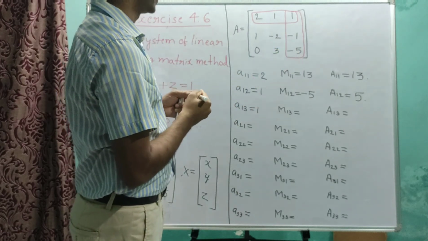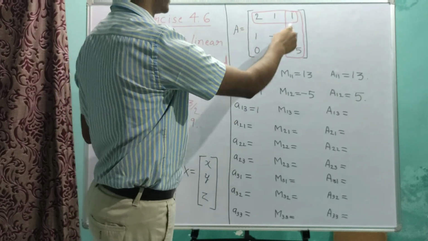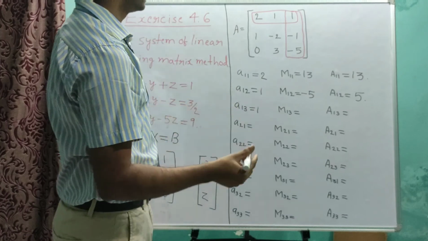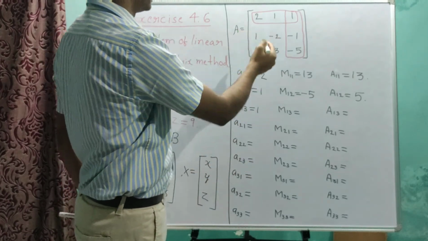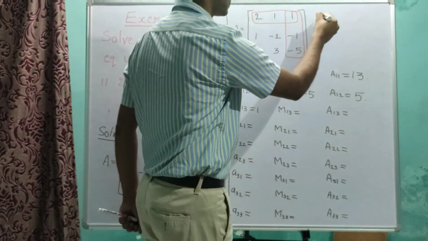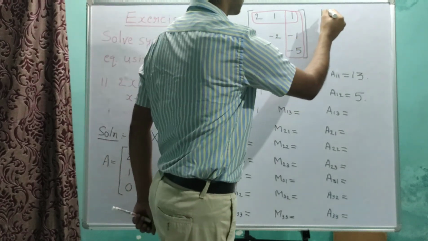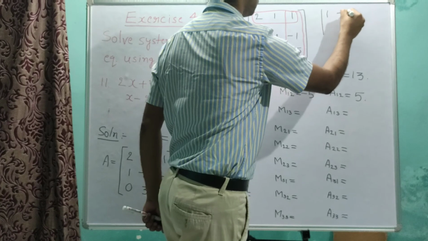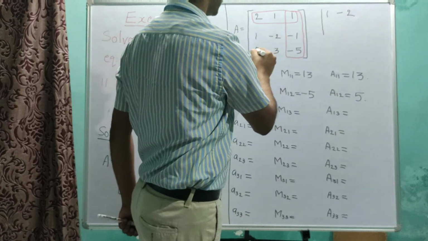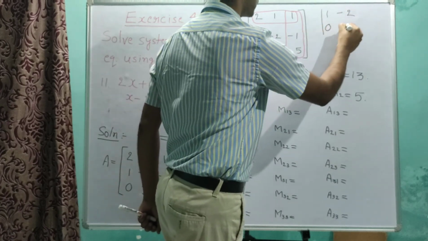So if you exclude the elements in the first row as well as the third column, now consider the determinant of the remaining elements. So the remaining elements are 1, minus 2, 0, 3.